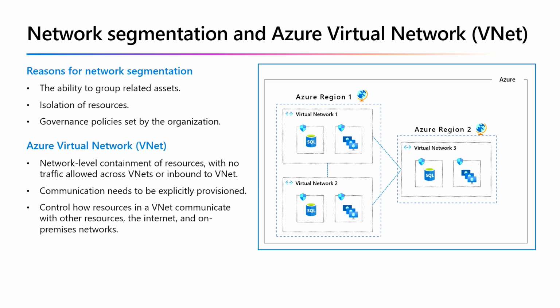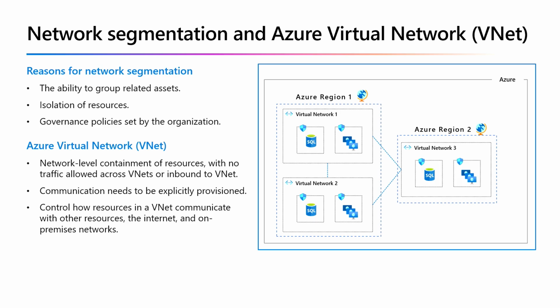Azure VNet enables organizations to segment their network. Organizations can create multiple VNets per region, per subscription, and multiple smaller networks, which are subnets, can be created within each VNet. VNets provide network-level containment of resources with, by default, no traffic allowed across VNets or inbound to the VNet.